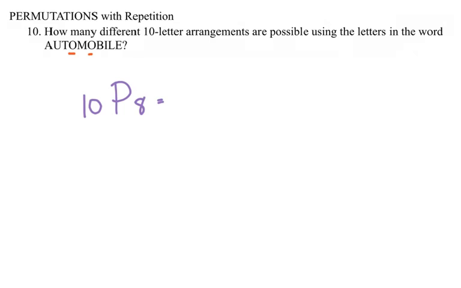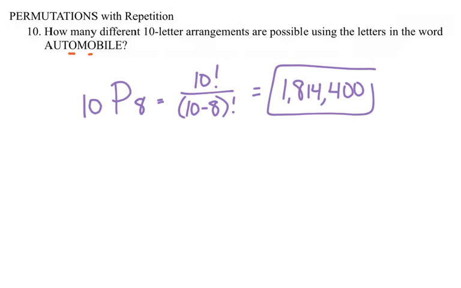So this is going to be 10 factorial divided by (10 minus 8) factorial. It still comes out to be a big number. This is how many ways you can arrange them.